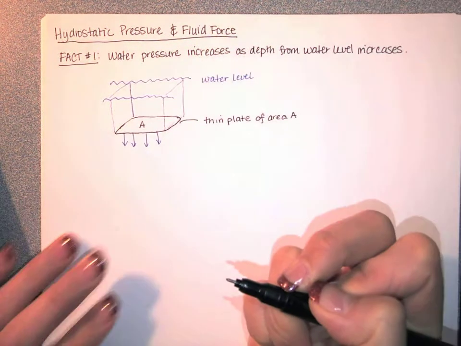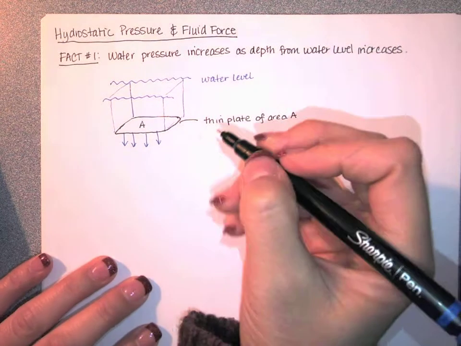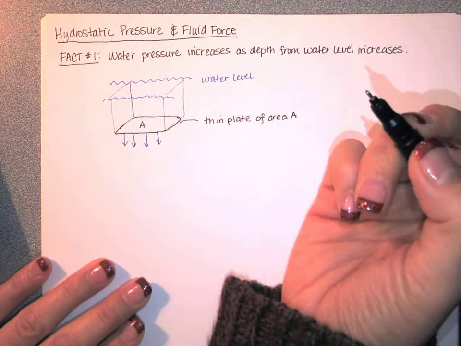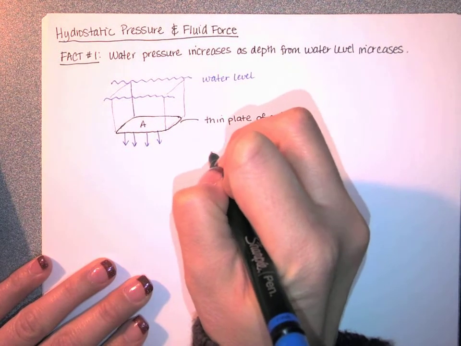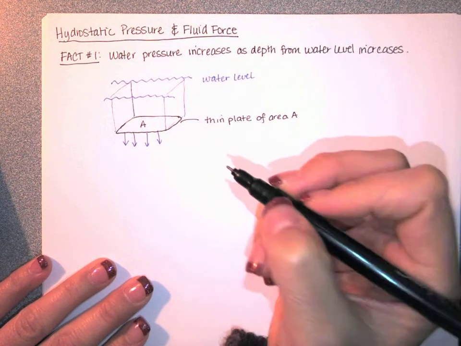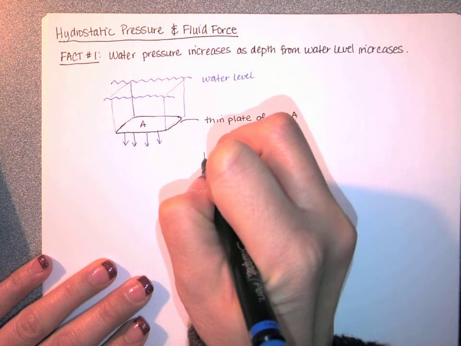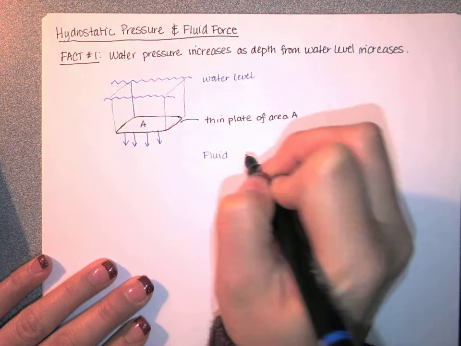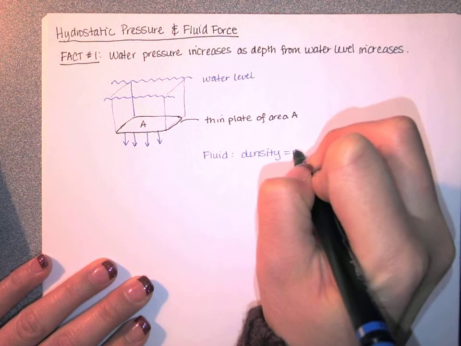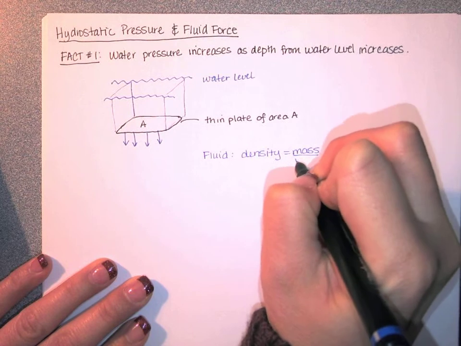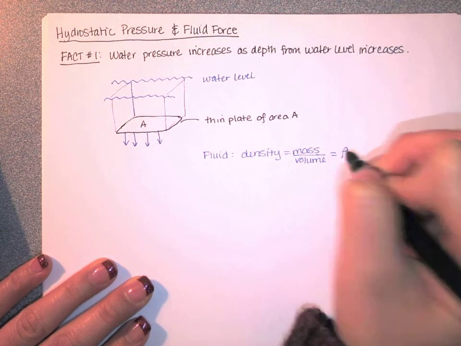And you might ask yourself, well, how much is that force? Well, it depends on a couple of things. It depends on the density of the water. And it doesn't necessarily have to be water, it could be some other fluid. So let's say our fluid has density. That's mass per unit volume, and that mass per unit volume is represented by the Greek letter rho.